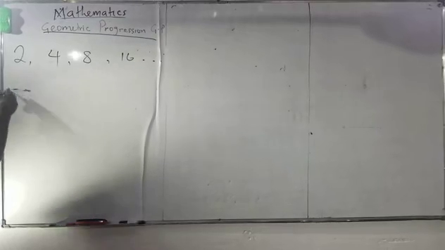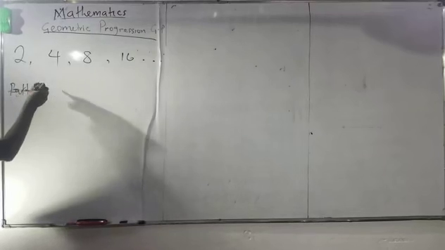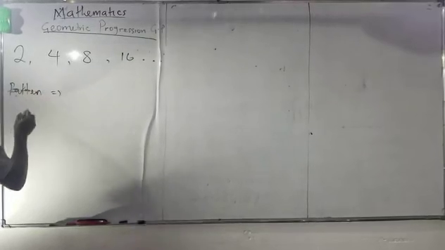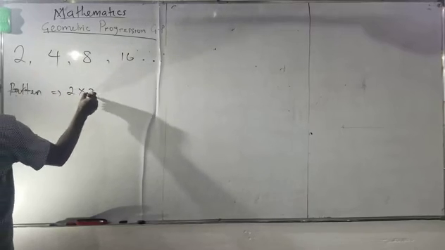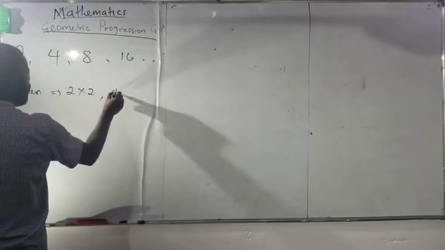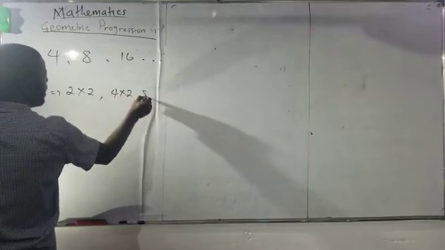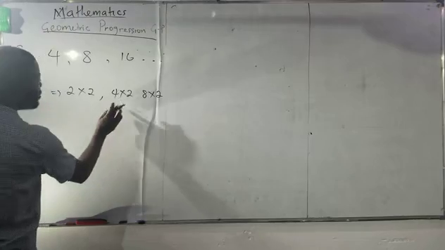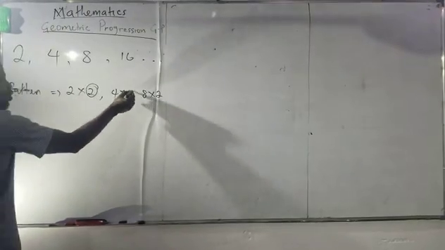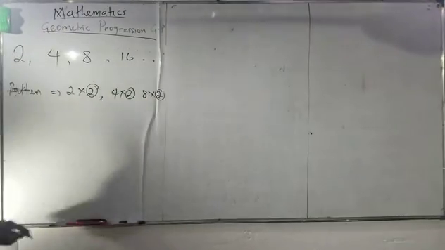Let me talk about the pattern. The pattern is 2 multiplied by 2, 4 multiplied by 2, 8 multiplied by 2. Can you see? We are talking about multiples of 2.